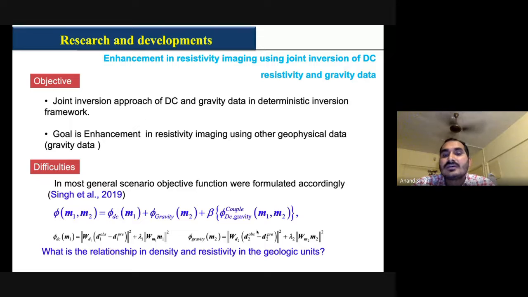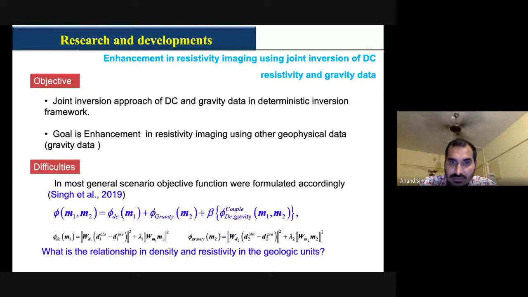We call this the phi coupled DC gravity term, whose job is to make a relation between M1 and M2. M1 is the model parameter for DC resistivity, and M2 is the model parameter for gravity. So you can utilize these two concepts together.